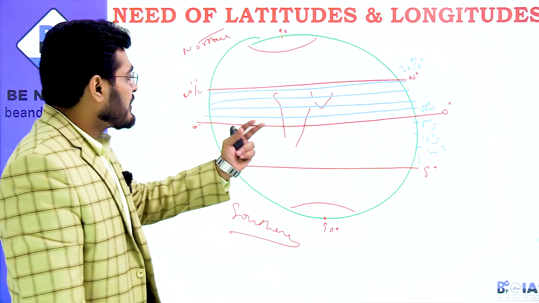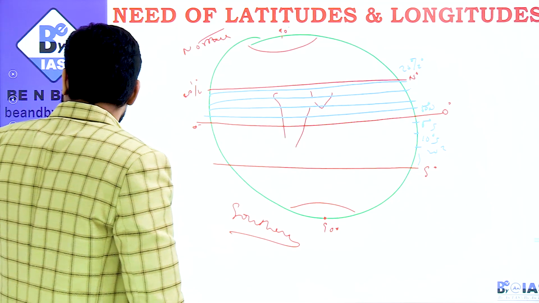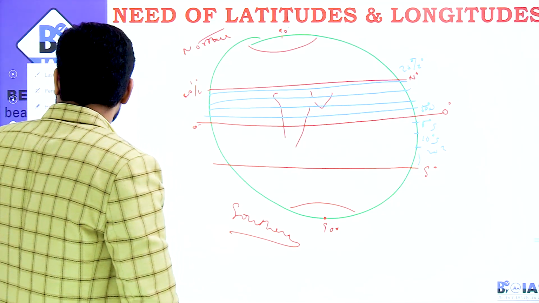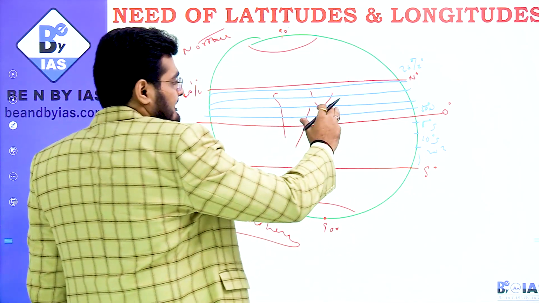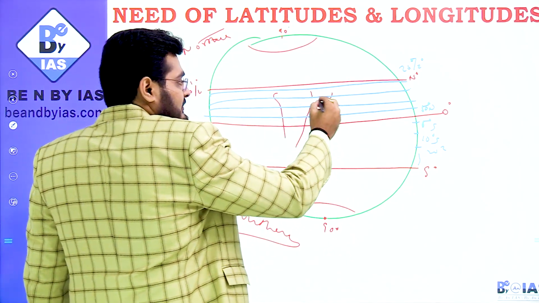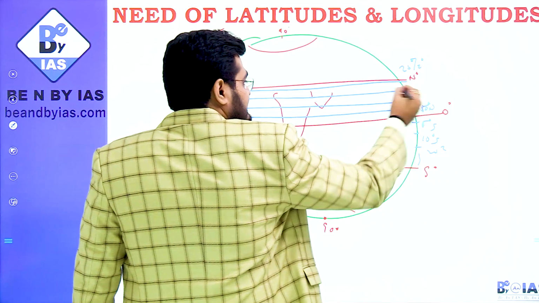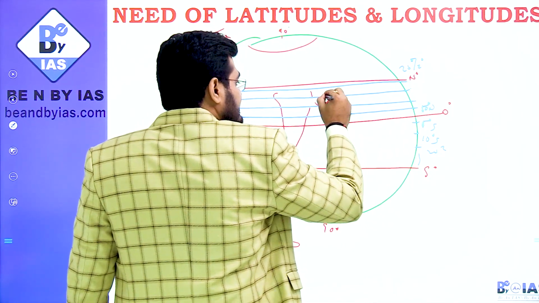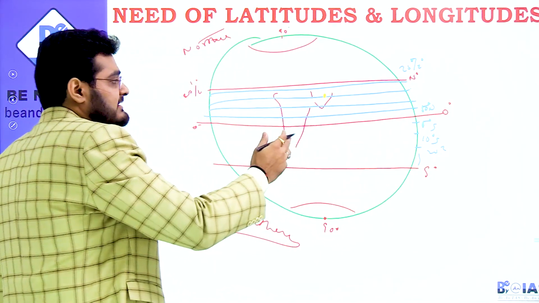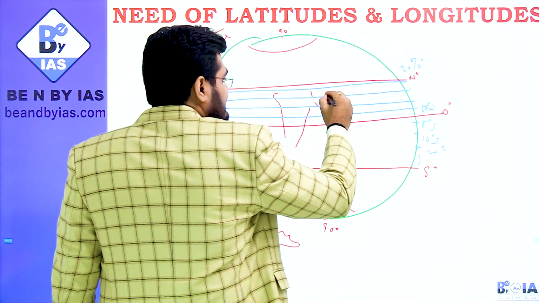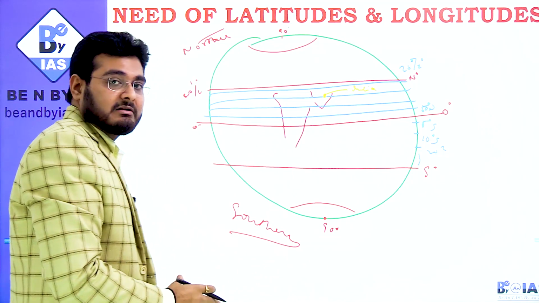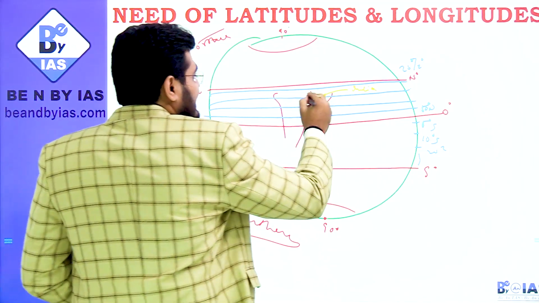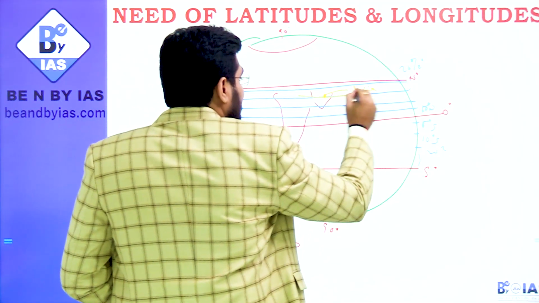Now, when we come to longitudes, why are longitudes important? If I tell you to mark where a place in India is, you can say that it passes through some degree, which is this degree. But you can also see that the same degree is also passed by other countries.